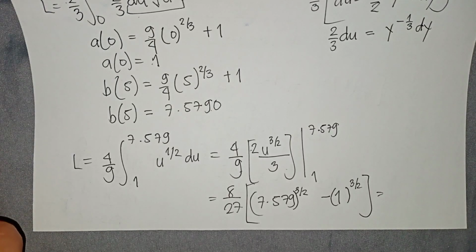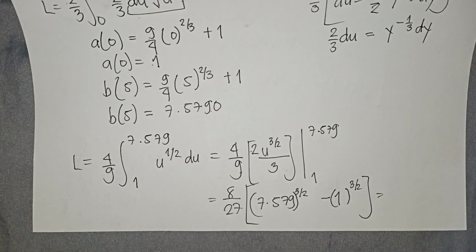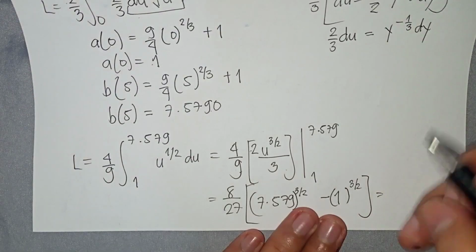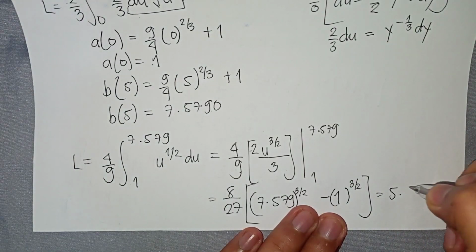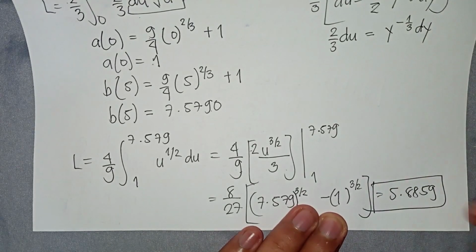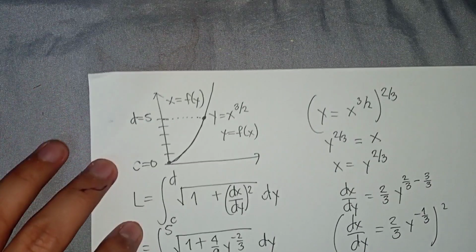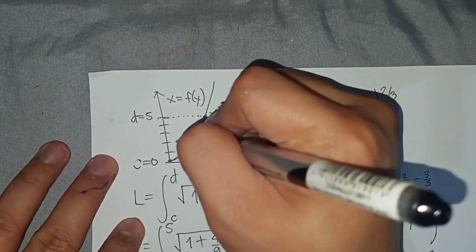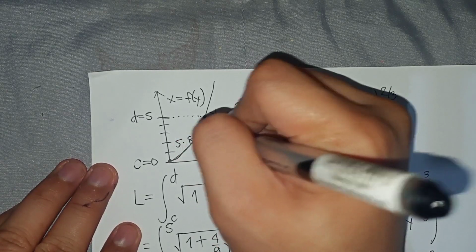So, 8 over 27 times 7.579 raised to 3/2 minus 1 raised to 3/2, yan ay 1 din. Okay, so, ang magiging final answer natin, yan ay 5.8859, no? Approximately. So, itong measurement na ito yung arc length na tinutukoy natin. 5.8859. Ito yan.